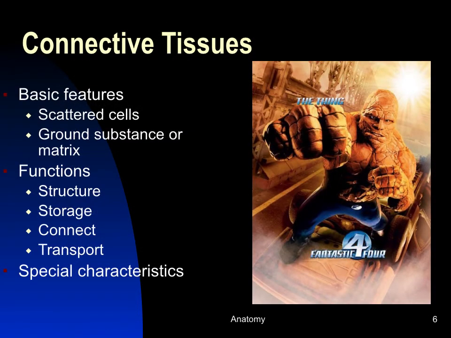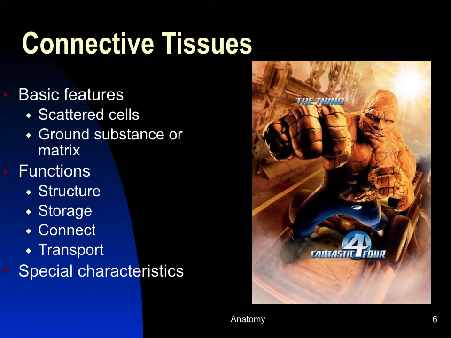Okay, connective tissues are a big group of tissues that have relatively few cells kind of far apart, and what lies between the cells is something called a ground substance or a matrix. It's a fluid or protein fibers or sometimes even a solid or semi-solid material, and that's what actually does the job, this matrix or ground substance.